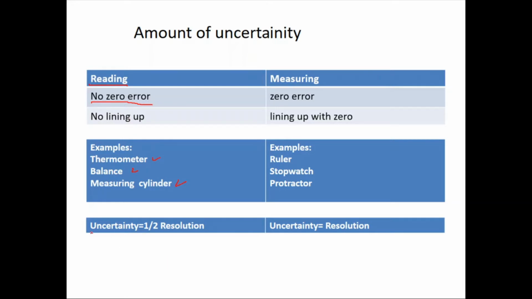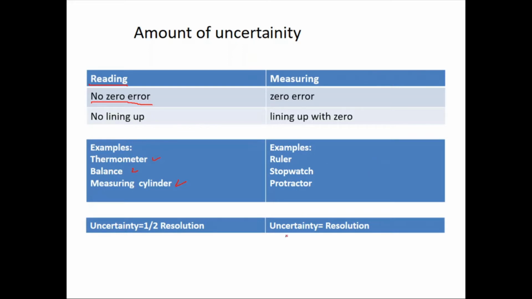That's why the amount of uncertainty during reading, only if you have a device that you are going to read, is going to be 1/2 resolution. But if you are going to do some measurement, for example with the ruler, you have to line up with the 0. While you are lining up with the 0, you are going to make some mistakes, and also while reading it, you are going to make some mistakes.